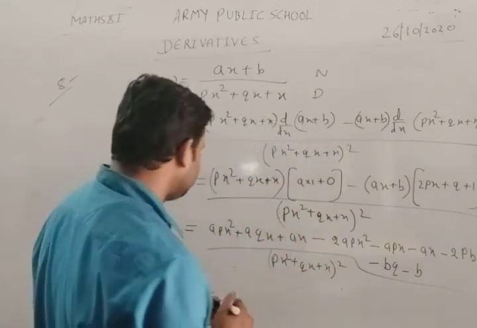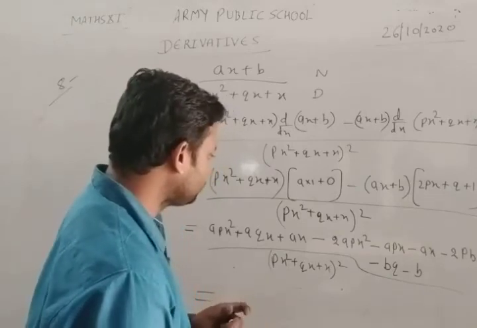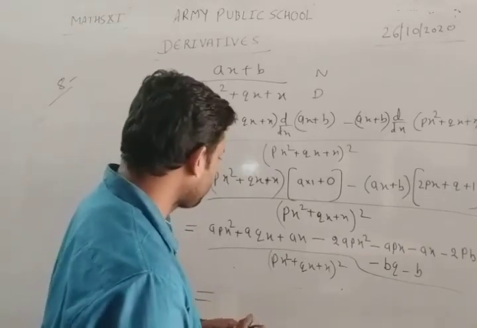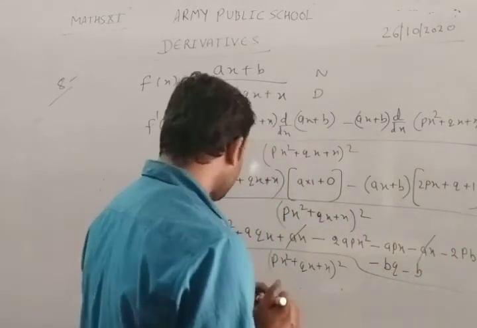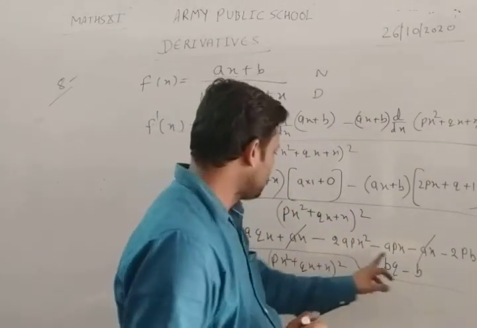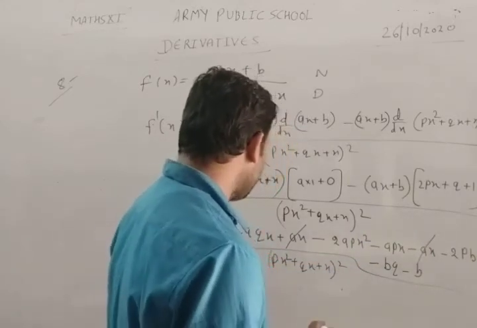Now see, do any terms cancel or not? This ax and ax will cancel. Here is aqx, but here is apx, so I think no other term will be cancelled.